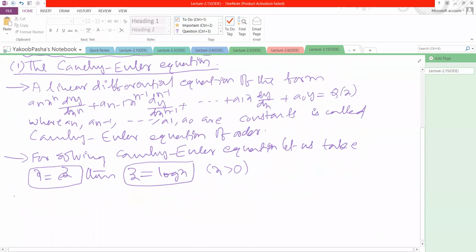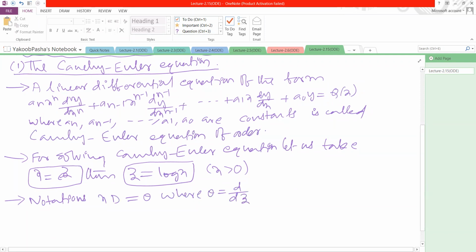So we can use some notations here for solving Cauchy-Euler equations. First notation, x into D, where D means d by dx, is equal to theta, where theta is equal to d by dz.